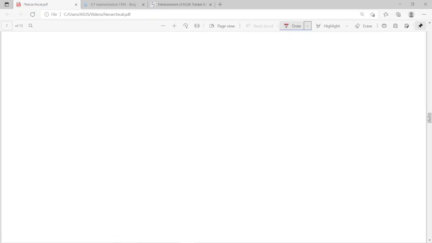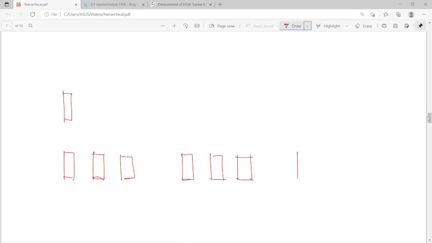What we can do, say this is the corresponding words of a sentence that we will get.